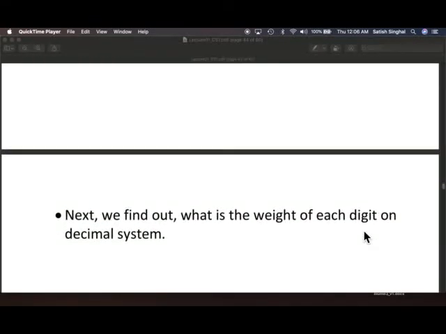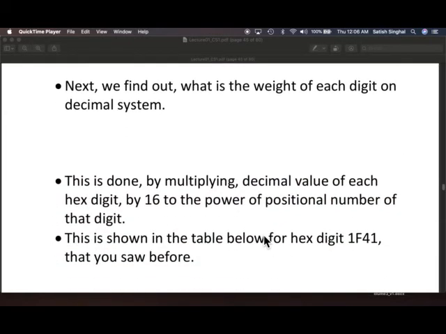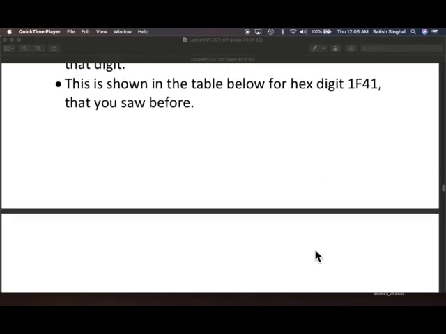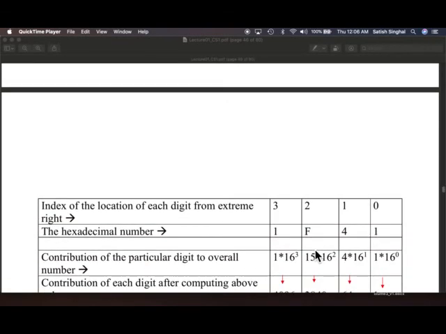Okay. Next, we find out the weight of each digit when we change to the decimal system. This is done by multiplying the decimal value of each hex digit by 16 to the power of the positional number of that digit. We show that in the table for the number 1F41 that you saw before, and the table is right here.